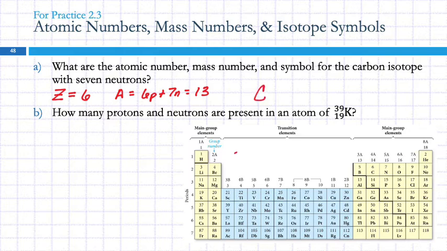The symbol would be C, and on the left, as a subscript, we put the number 6, the atomic number, and we put the mass number up there. This could also be called C-13 or carbon 13. These don't have the 6 in it, because if you need to know the number of protons, you can look it up on the periodic table.